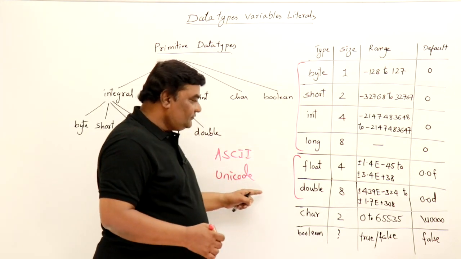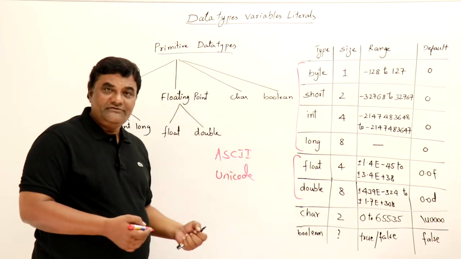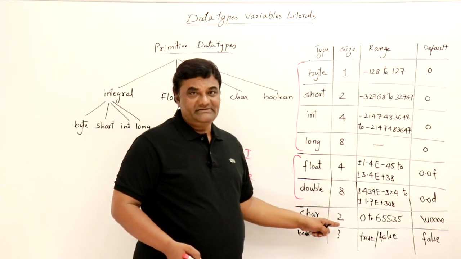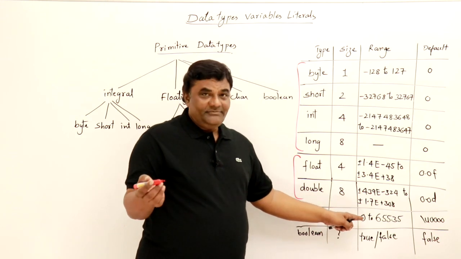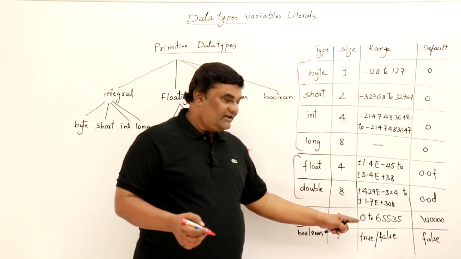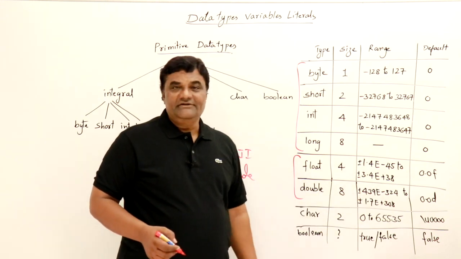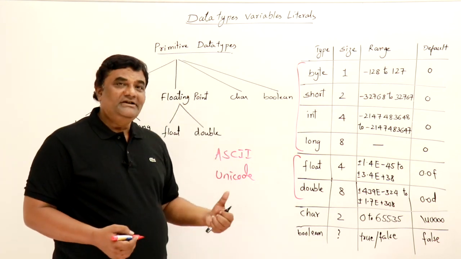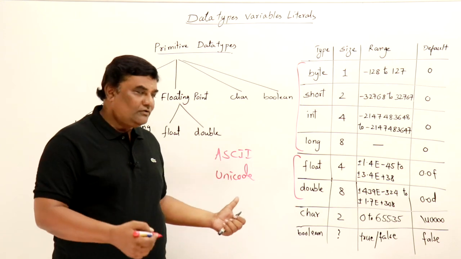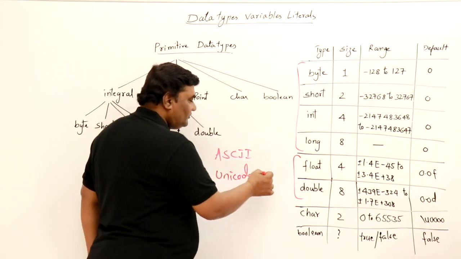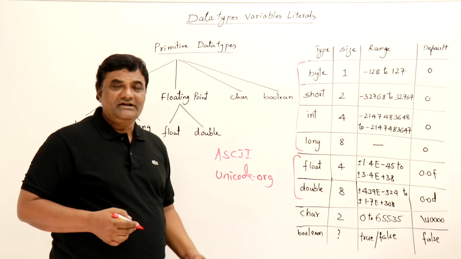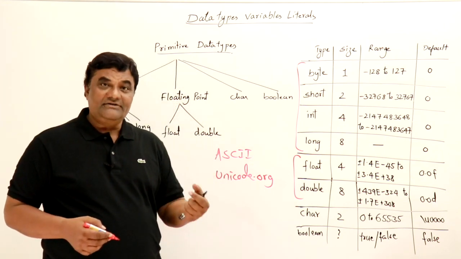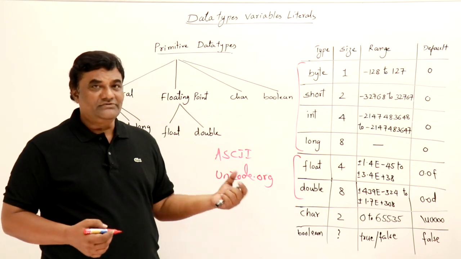Java supports Unicode, and ASCII becomes a subset of Unicode. Character cannot be negative, so it supports only positive values ranging from 0 to 65535. If you know the Unicode of any alphabet, you can mention it. To find Unicodes, you can visit unicode.org or search on Google, where you can find Unicodes for various natural languages and their alphabets. You can pick any alphabet and use it.